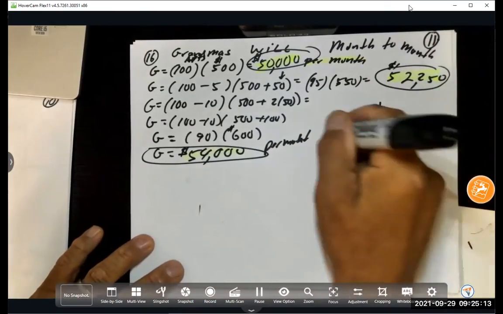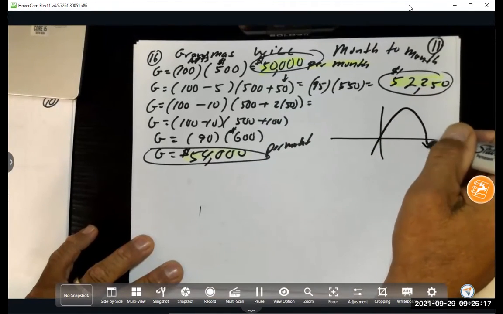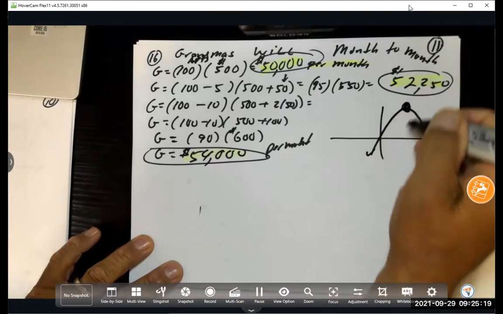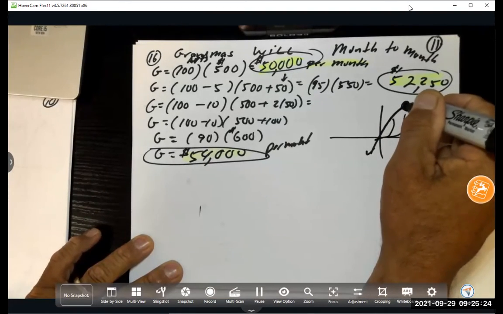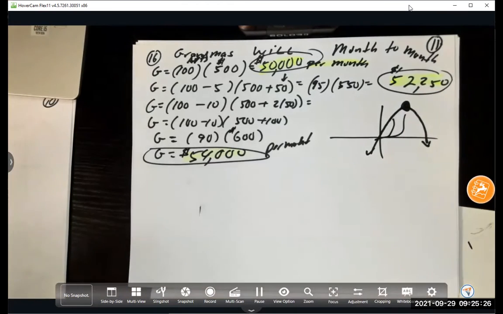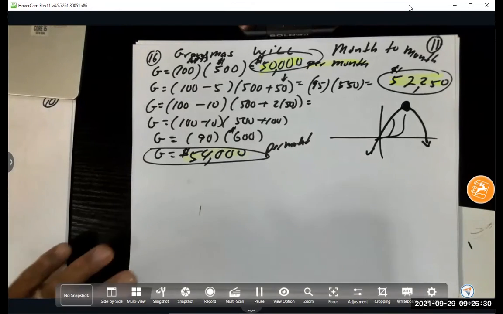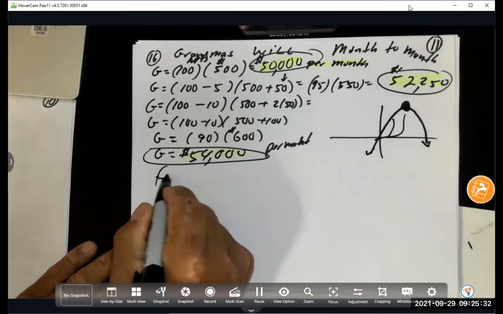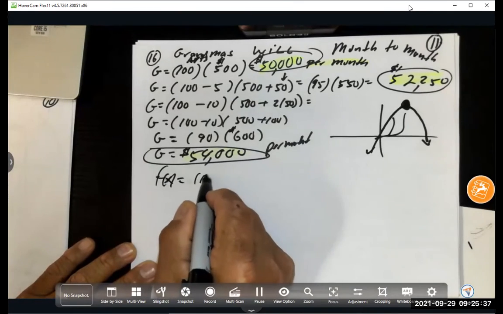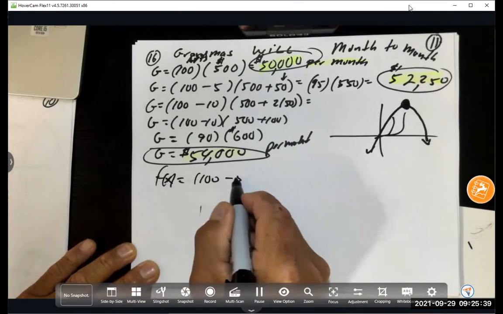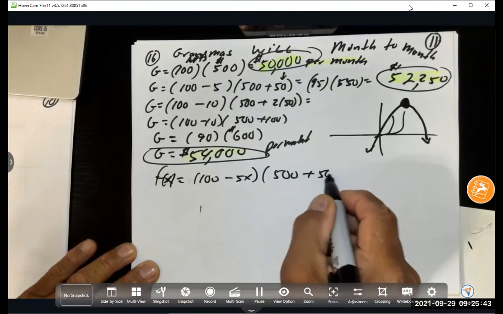Now, I'm going to tell you the problem. If I keep doing this, if I keep raising the rent, and I lose too many people, I'm going to start losing money. Right now, I can make more money, but eventually, if I overcharge, I start losing money. Does that make sense? So now let me write this down again. This is the function we're going to use. F of x is going to be (100 minus 5x)(500 plus 50x).